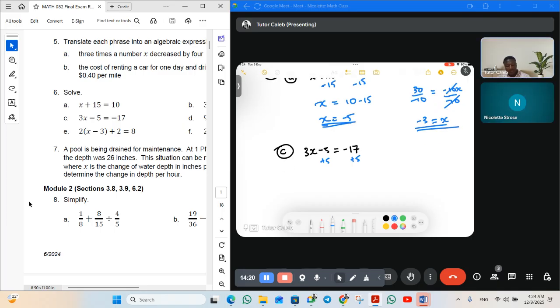Good, let's proceed then. So we get here 3x equals negative 17 plus 5.